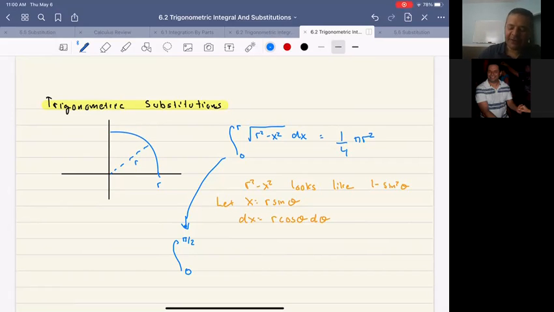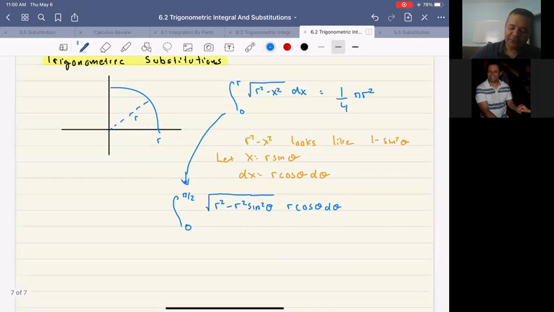Now, what are we going to get under the square root? r squared minus x squared, where x is r sine theta, so r squared sine squared of theta. dx is going to be r cosine theta d theta. So far, okay? Awesome. Now let's factor out this r squared.